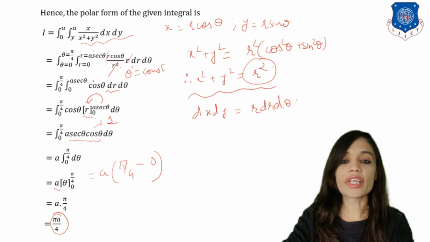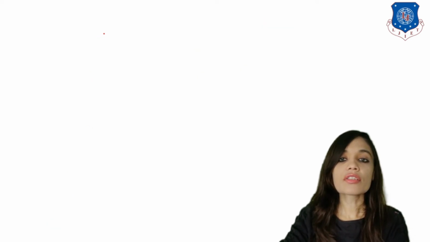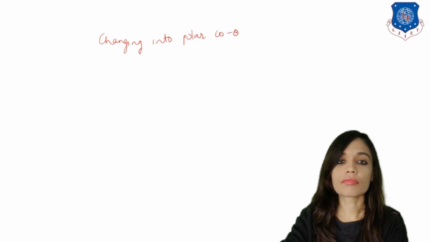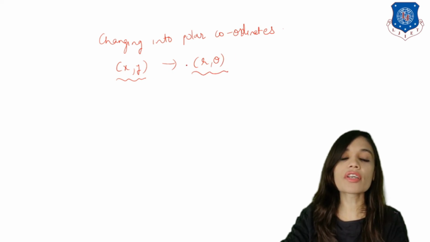So in today's session, we have studied changing into polar coordinates, right? What we have done here is converted our Cartesian coordinates x, y to polar coordinates r and theta. How have we converted this?